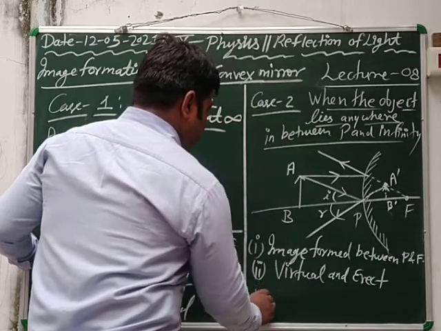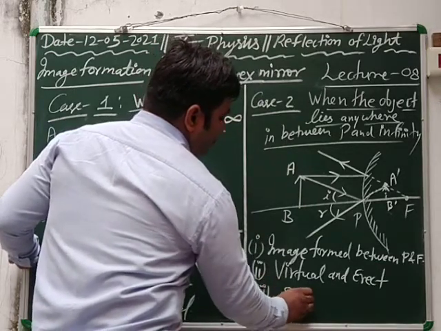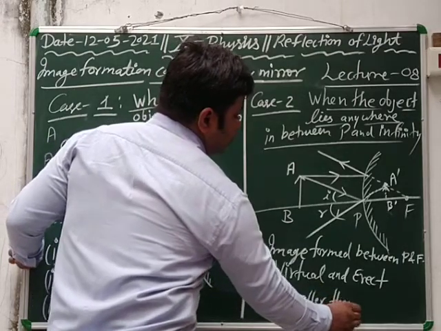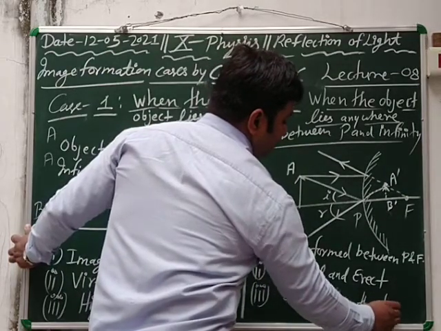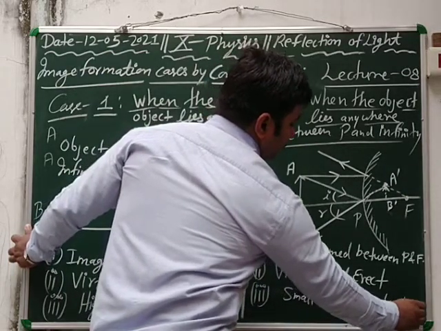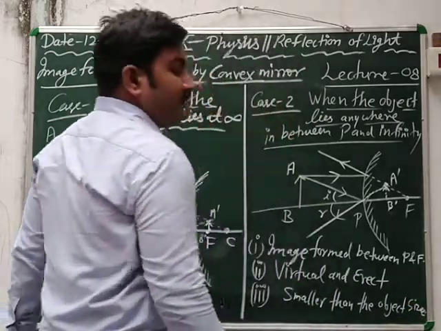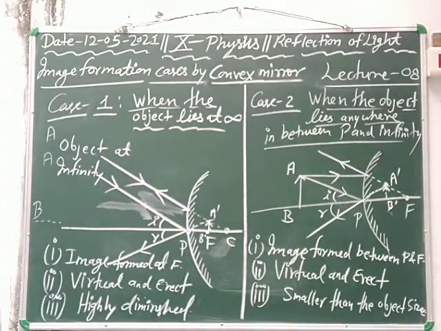And third one is smaller than the object size. Clear? So just note down these two cases of image formation by the convex mirror, very simple.